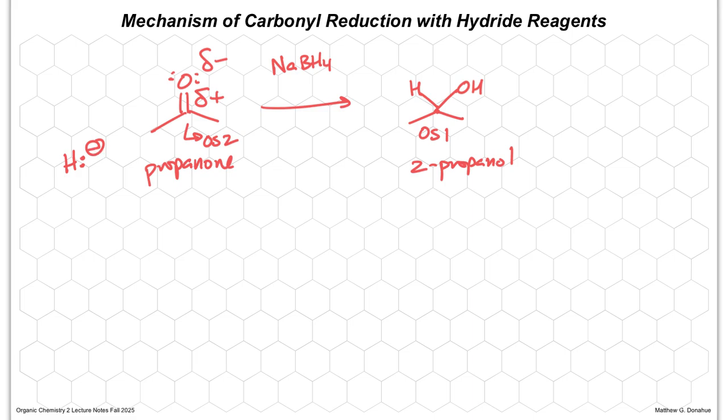So the minus is attracted to the plus. So the arrow will start there, point to the carbonyl. Because we're making an H to carbon bond, we have to break an existing bond. So the electrons in the pi bond will then go up onto the oxygen.